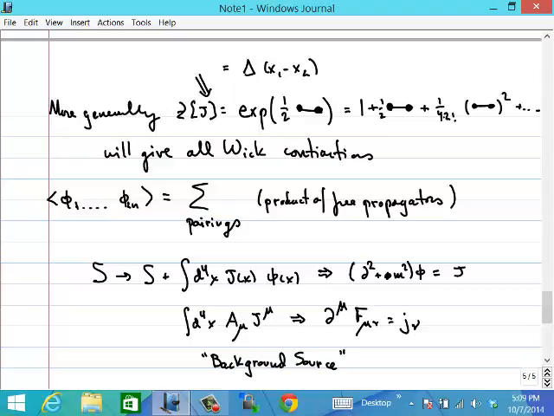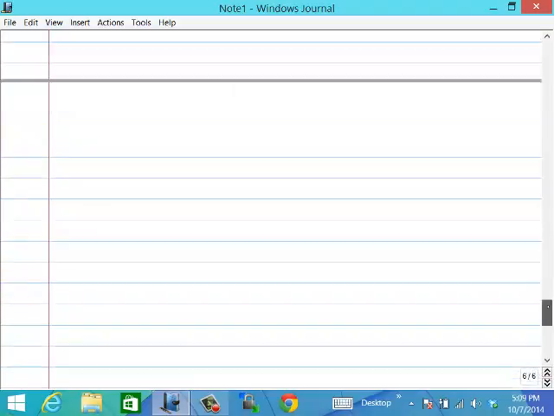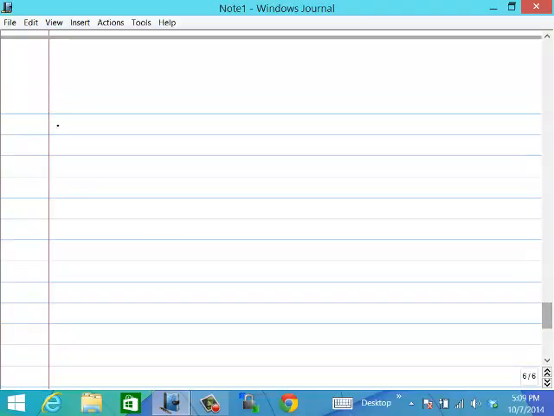What about interacting quantum field theory? So let's now consider interacting field theory, and let's consider our old friend the phi cubed theory. It's the simplest example.